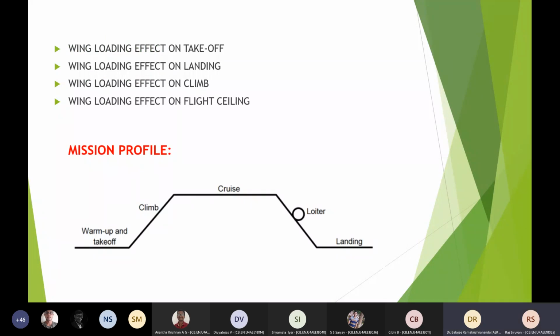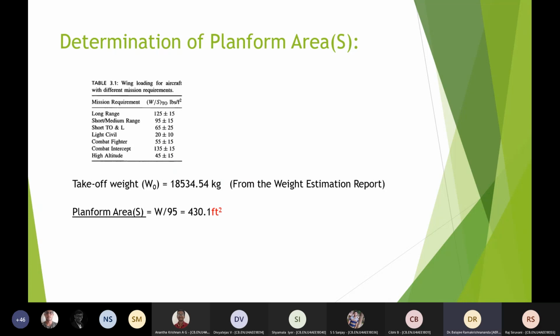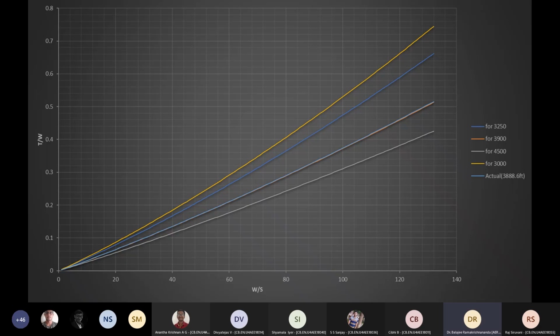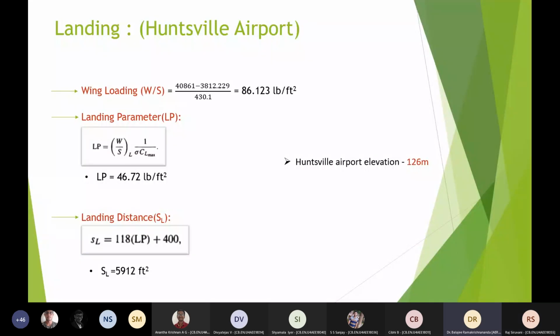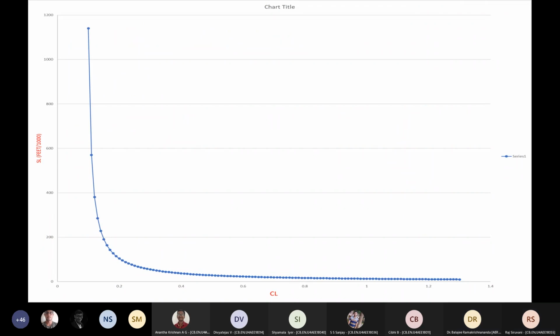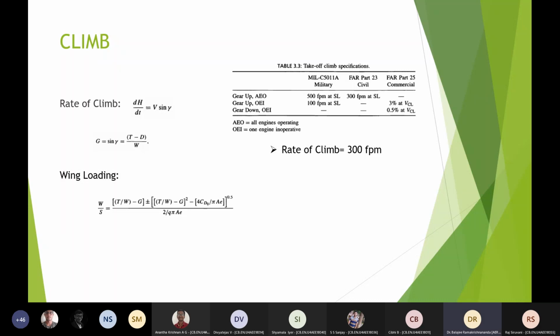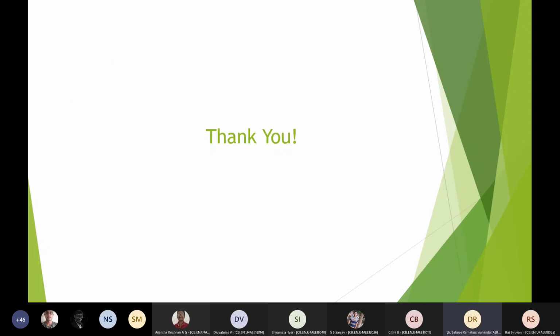Mission profile. Next one. The graph. Okay, I understood what you did. Next one.